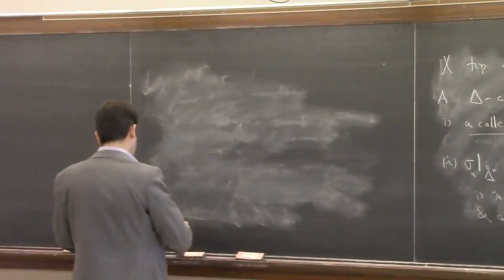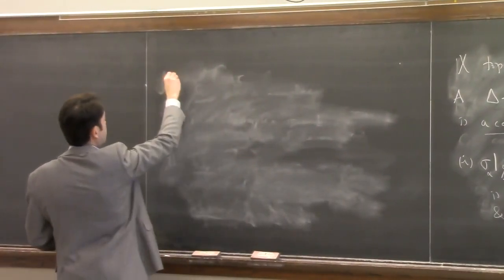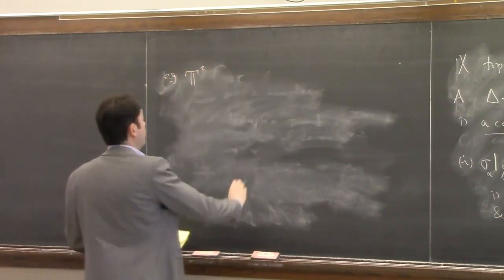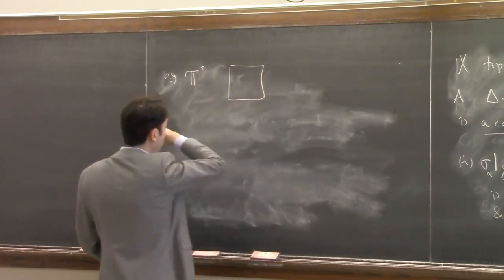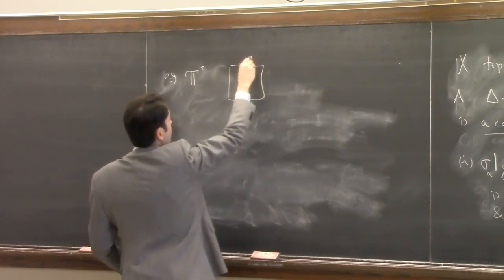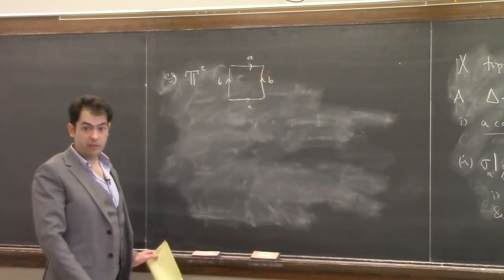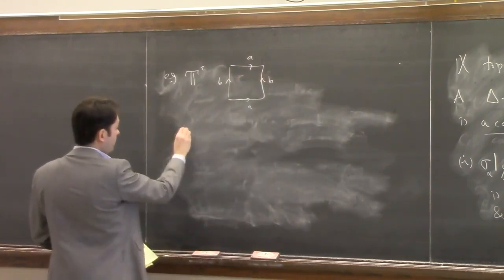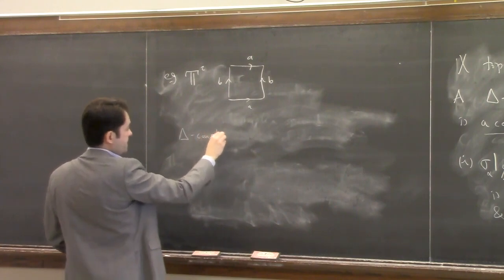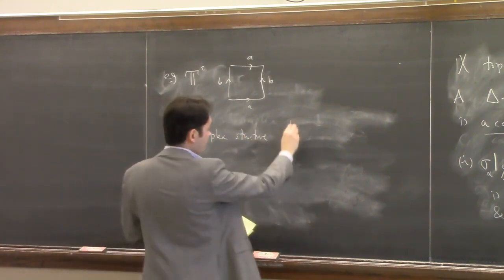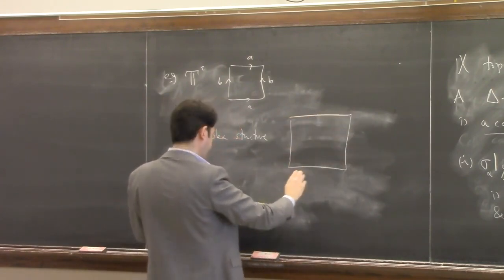Okay, so let's look at some examples. So for the torus, as you know, the torus has identification space given by the rectangle with opposite sides identified, right? So if we want to put a delta complex structure on the torus, then here's one way of looking at it.